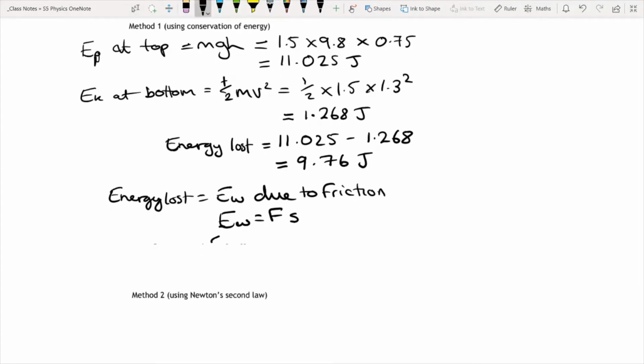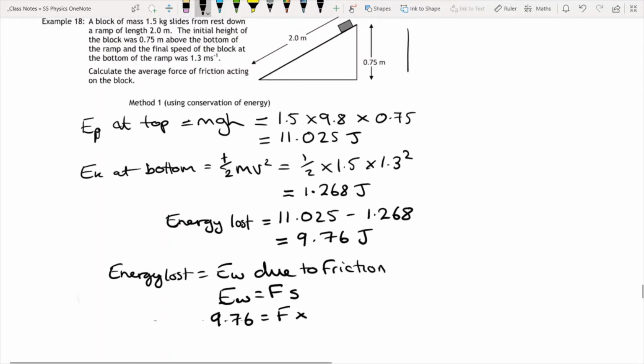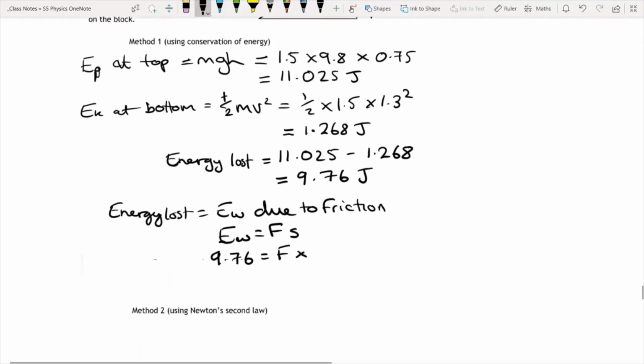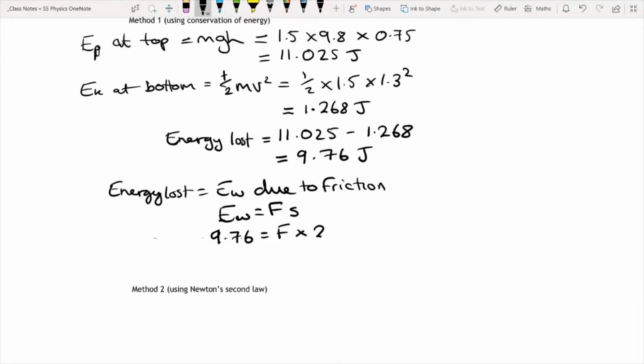So the work done, 9.76, is the force of friction times the distance travelled by the block, the length of the ramp, 2.0. So the force of friction comes to 4.9 newtons.